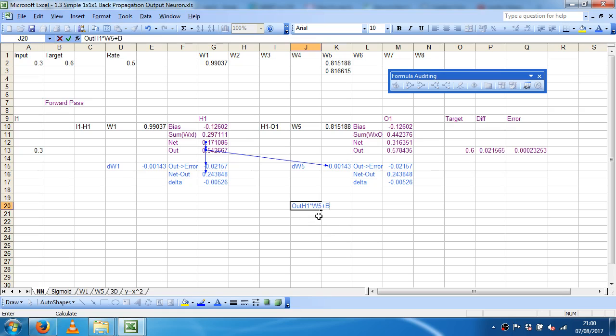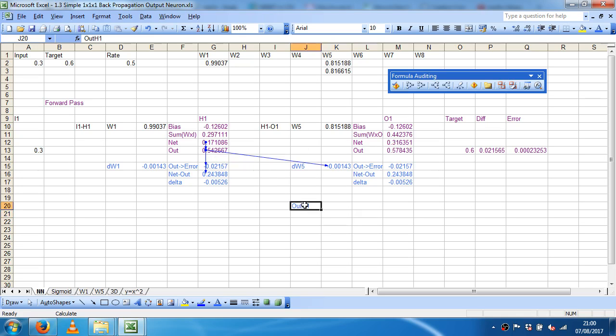We differentiate that with respect to weight 5. The bias is a constant, so it goes, and we're differentiating with respect to weight 5, so that goes, and we end up with weight output 1. So effectively, what we're saying is that to get from there to there to there, we can use this delta, and then to get from there back to there, we've got OutH1.